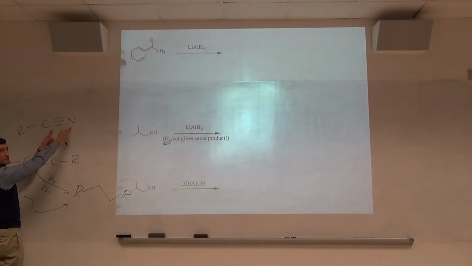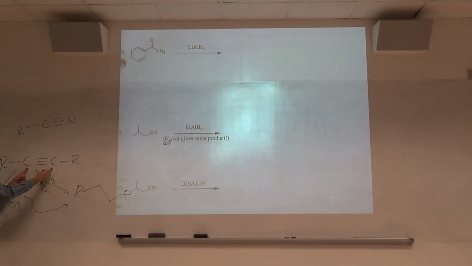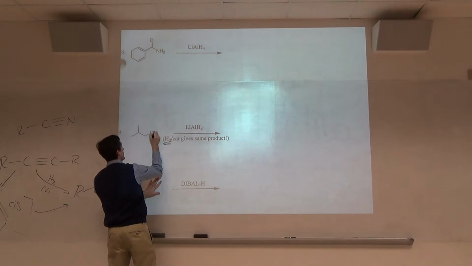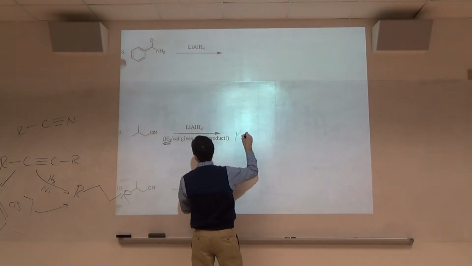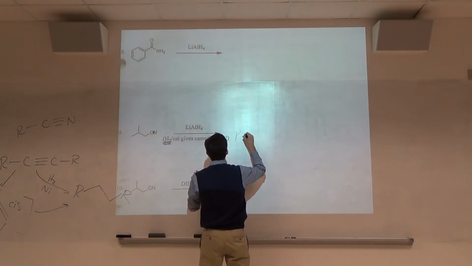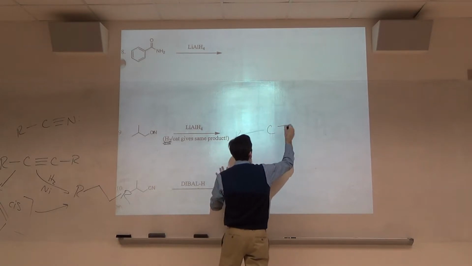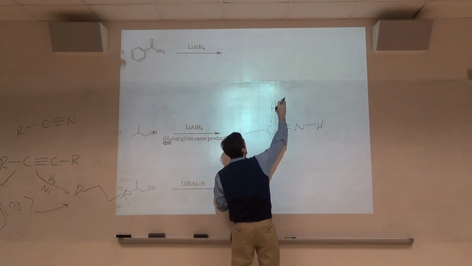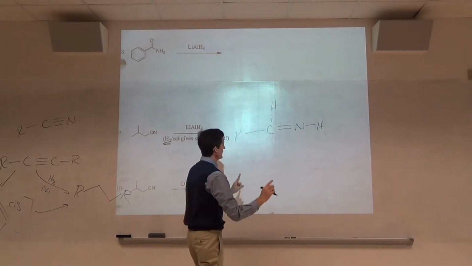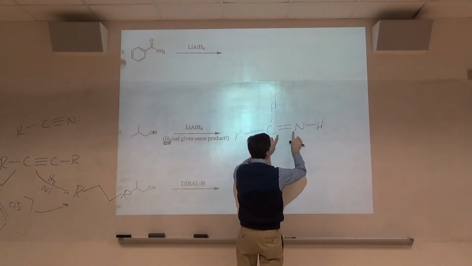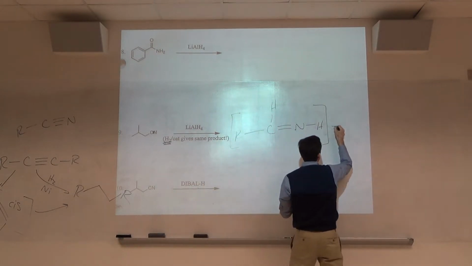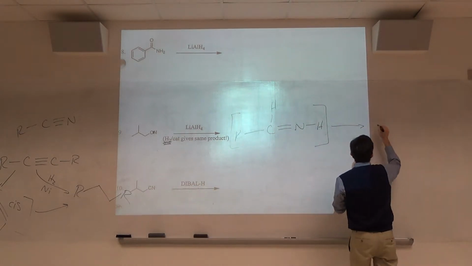It's the same chemistry. First we add two H's and get the alkene. When we add two H's up here to the triple bond, H is added to each one, it becomes a double bond, but it doesn't stop there. If we add again, what do we get?